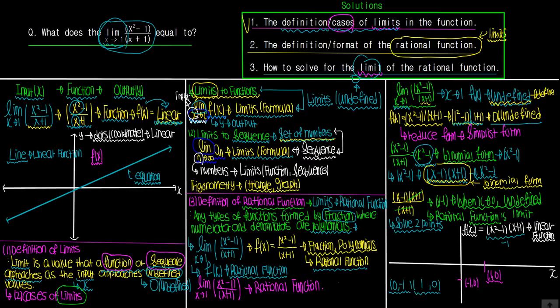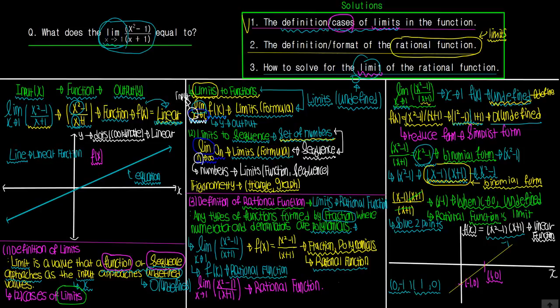So when we make a straight line that passes through these points, it will give us what we call a linear function. And we need to remember that this function should pass through these 2 points: the first point is 1, 0, and another point is going to be negative 1, 0.